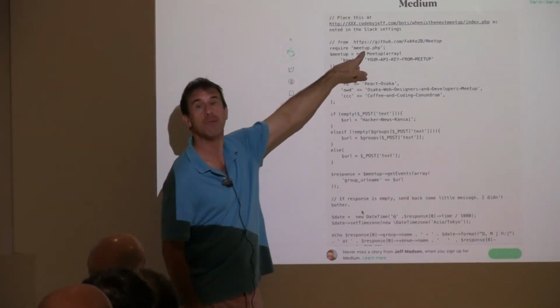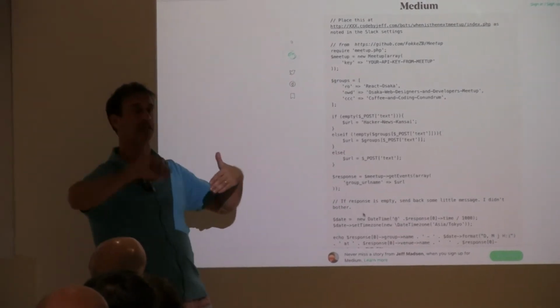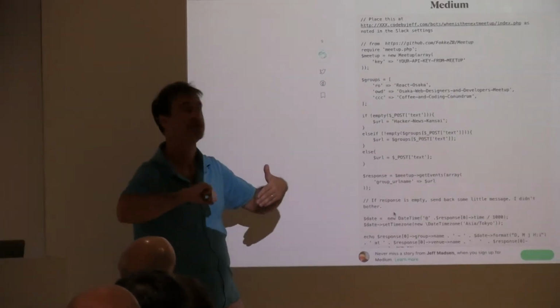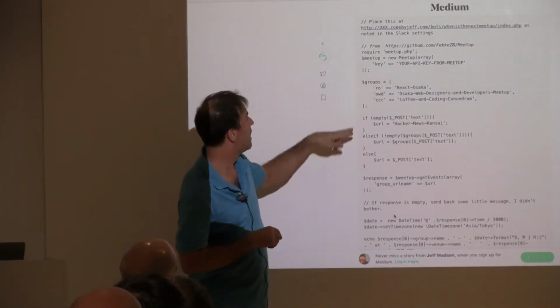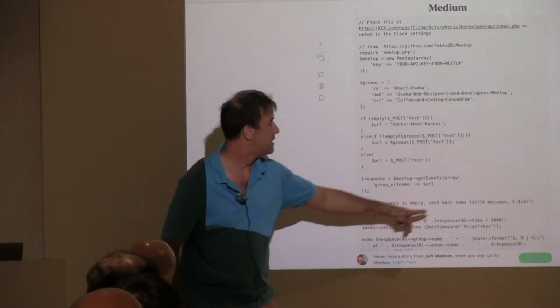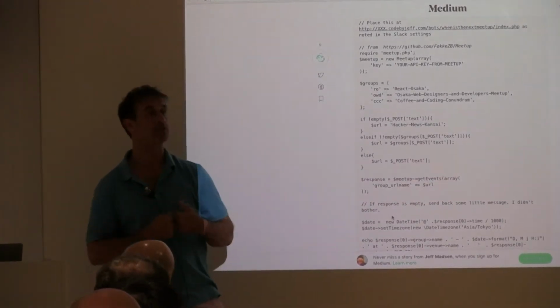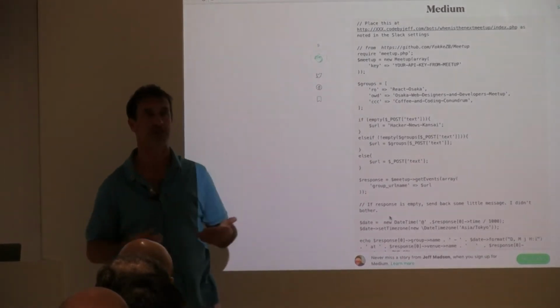I grabbed a library. This is just a wrapper around a curl to go hit the Meetup API. Okay, so it handles all the icky stuff for me. And I just build the URL down there, send it off, get a response, I format it, and it goes back out to Slack and appears in your thing. And that's it.